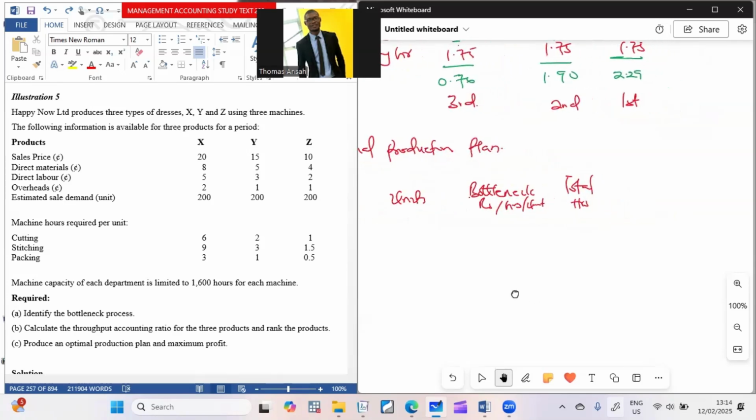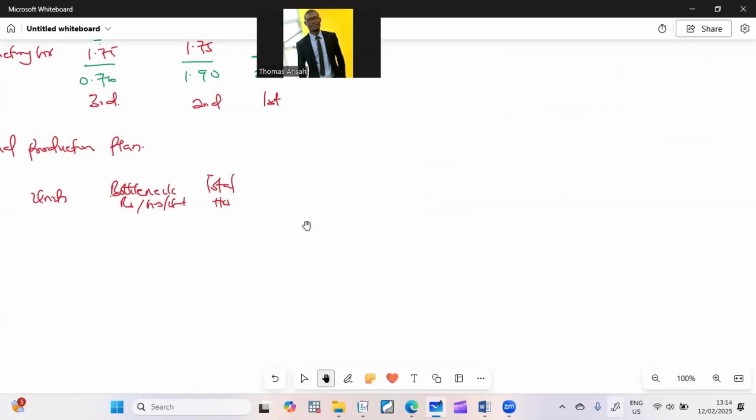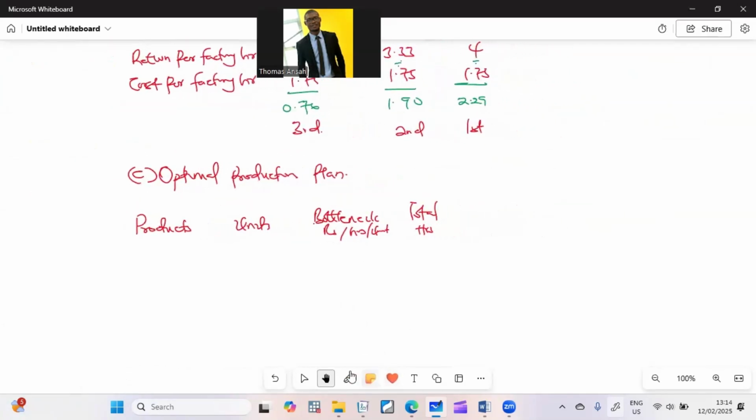If I remember correctly, the next thing we did, I think the information we need, everything will be here. So let's just have this. Then we did the throughput per hour. Then the last thing we did was our total throughput.